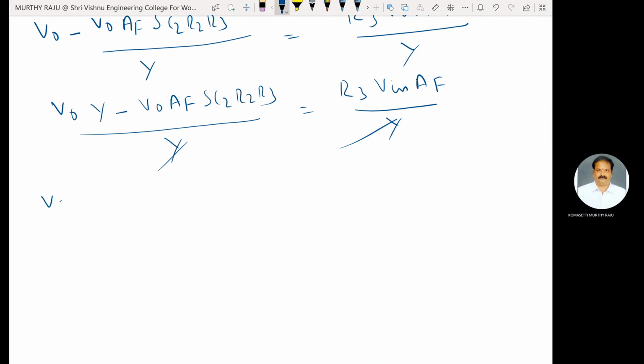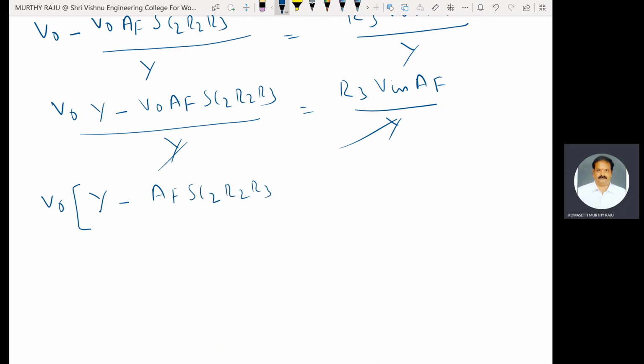Therefore, V0 into y minus AF SC2 R2 R3 is equal to R3 V in AF.